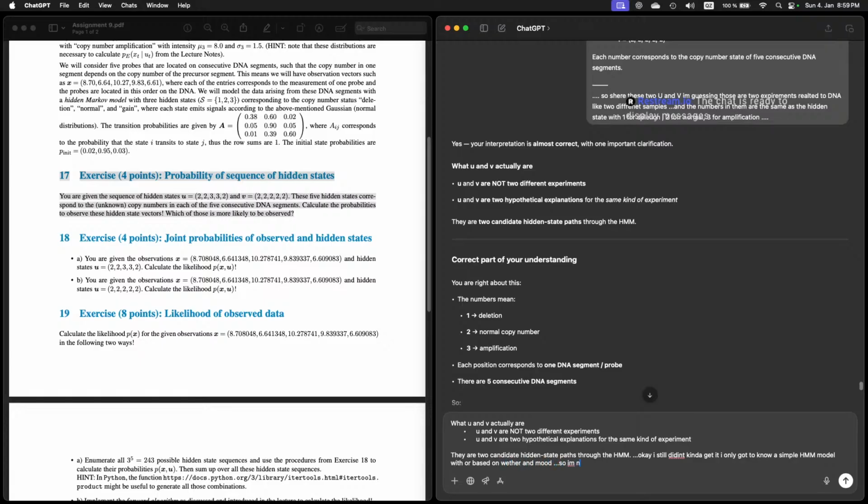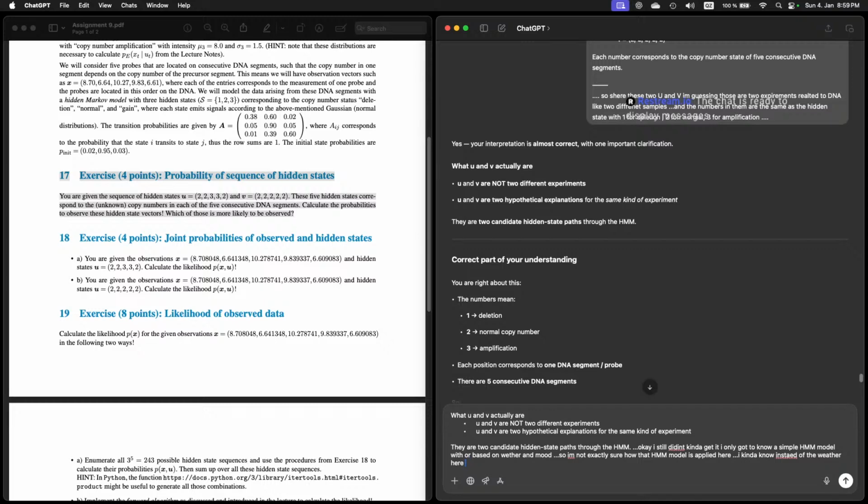So I'm not exactly sure how that HMM model is applied here. I kind of know that instead of the weather, here it's the states 1, 2, 3, but I'm still not sure what's the mood part replacing here.